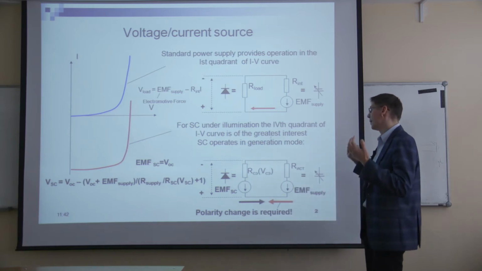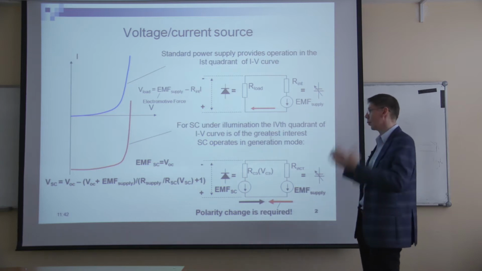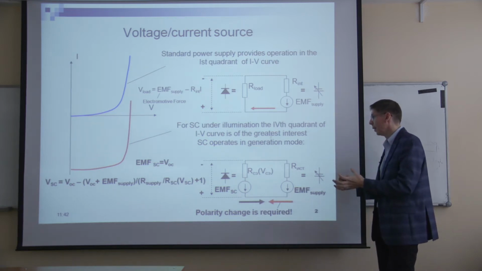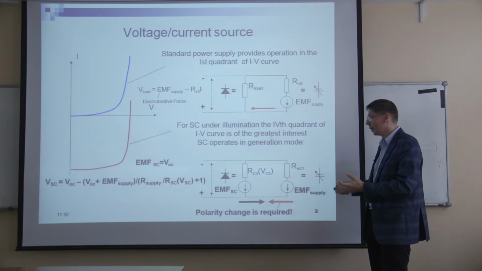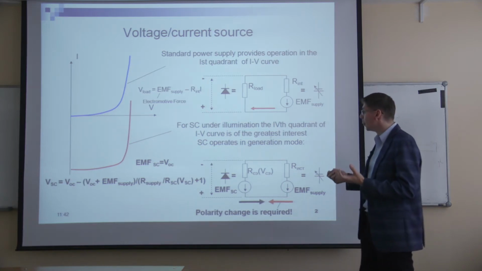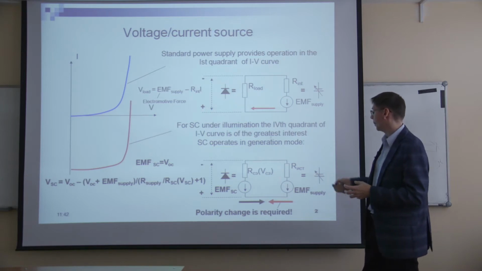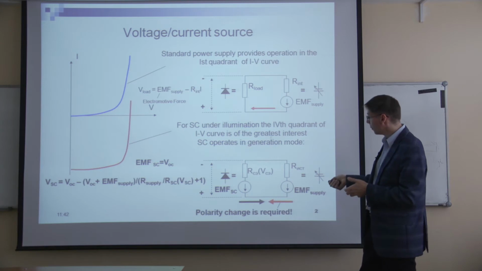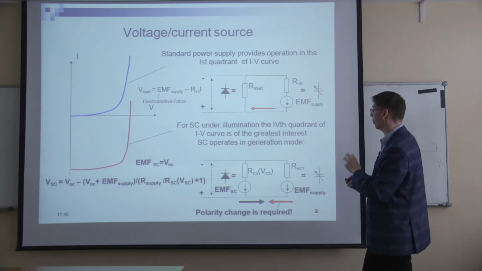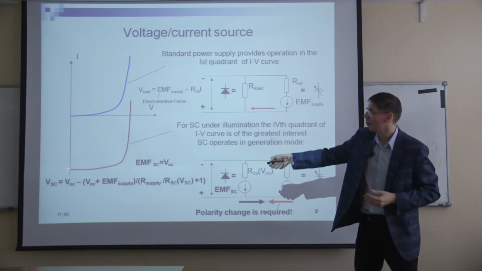It's like you have a stronger power source in the solar cell and a smaller source of power in the power supply. You can try to move to zero. So you set the zero value at this power supply, but you won't go to this point.